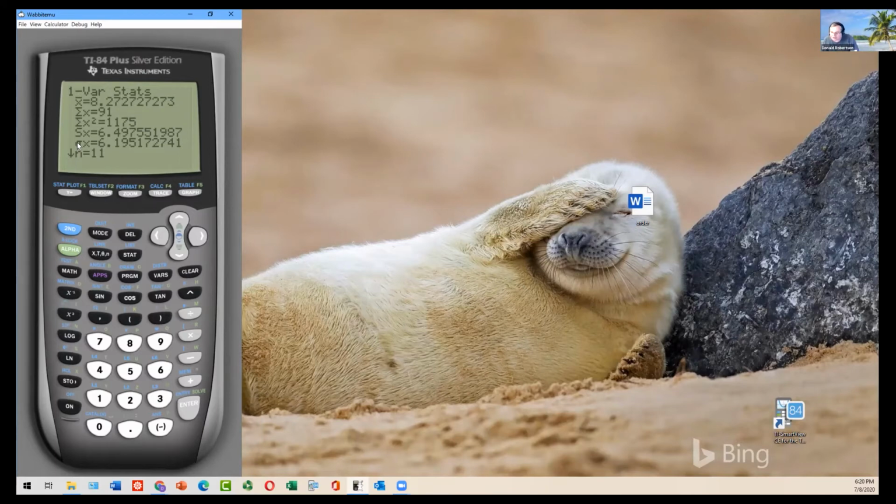If you find the standard deviation of a population, you're going to use this 6.1 guy, right? Most of the time, your data is a sample, right? It's a small subsection of the entire population. So most of the time, you're going to be using that top one. And that is kind of how you do it.